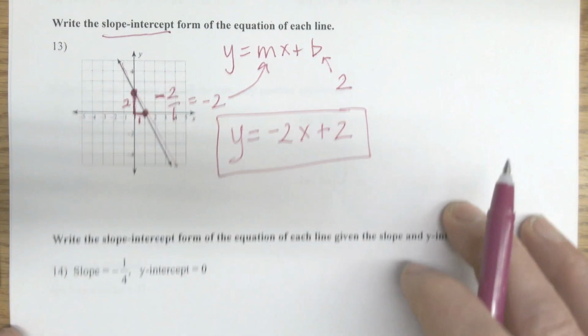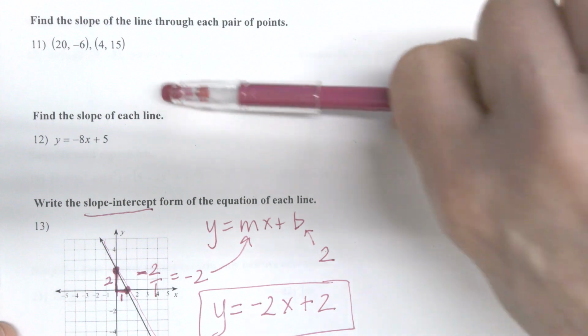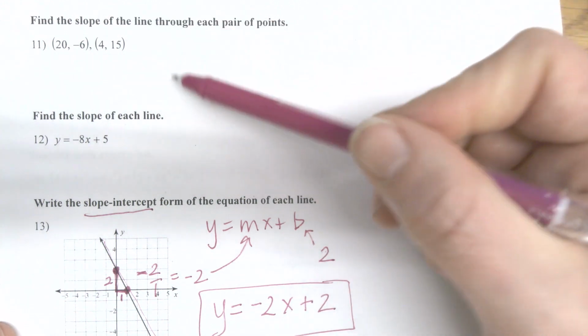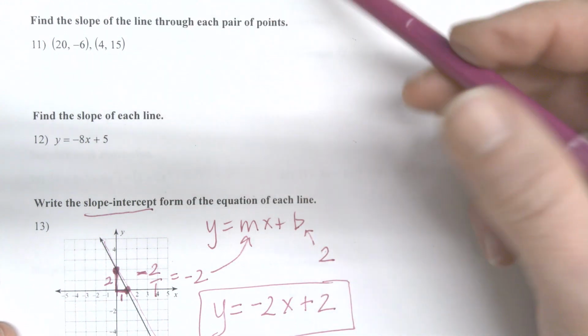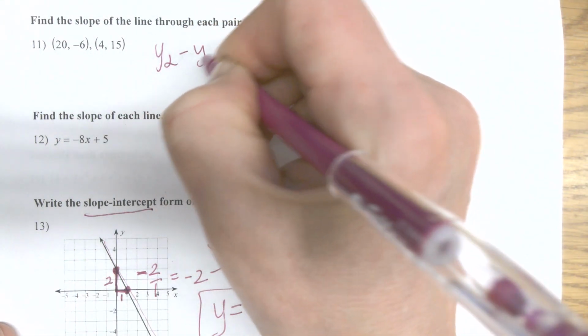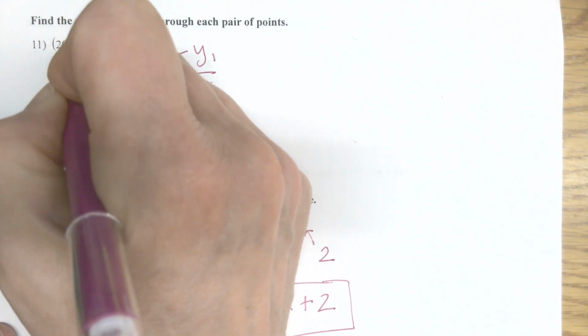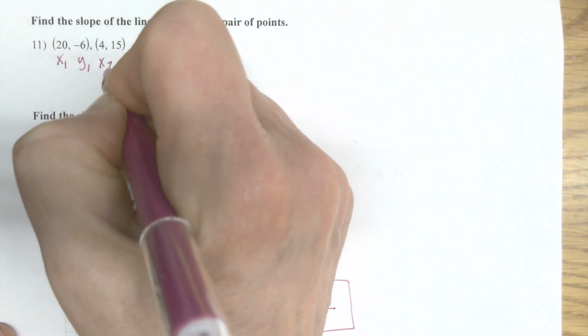I don't know why I skipped the two problems on the top of the page, but for whatever reason I did. I've just flipped it in that order, but let's go ahead and do those, our slope problems. When we're getting into slope, y2 minus y1 over x2 minus x1 is our formula. This is x1, y1, x2, y2.